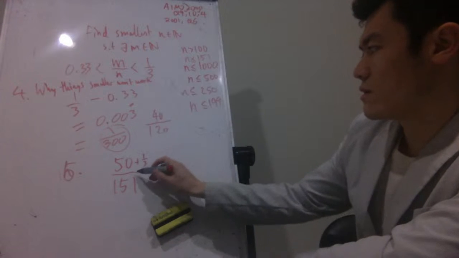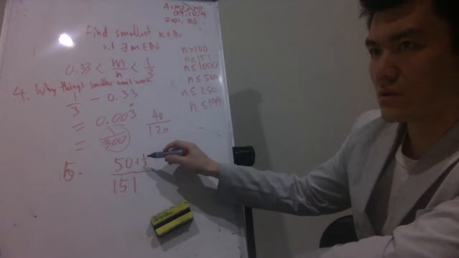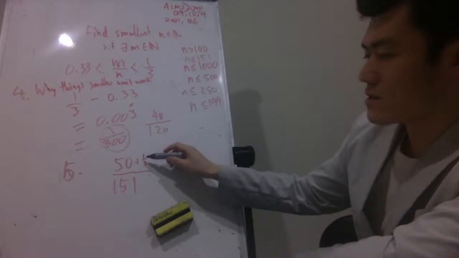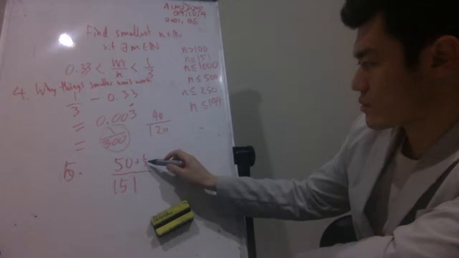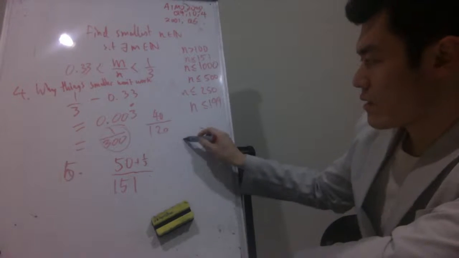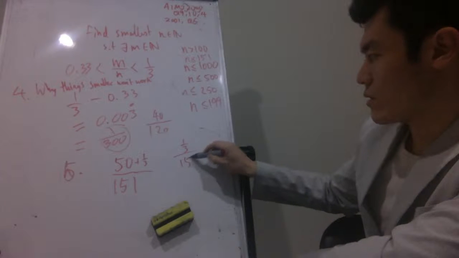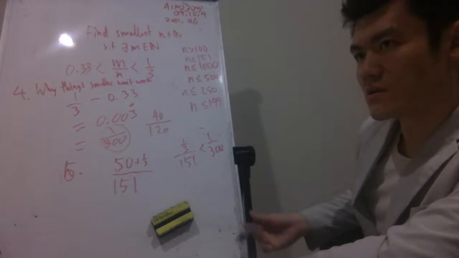So this will be a 2 here if it was remainder 2. If it's plus a third, that means the closest one has to be 50, and that'll work if a third over 151 is less than 1 in 300. Does that make sense? Because then it'll fit into the gap.